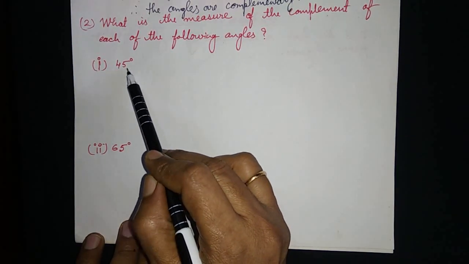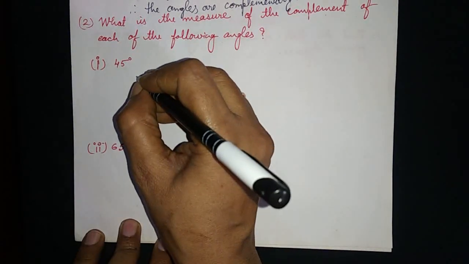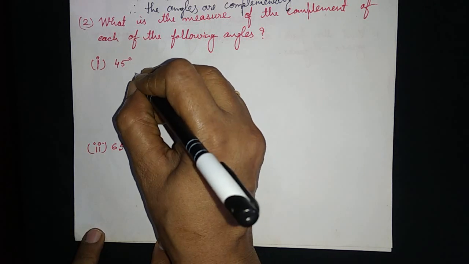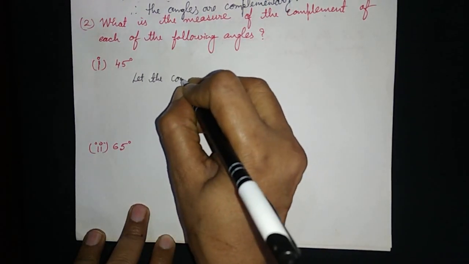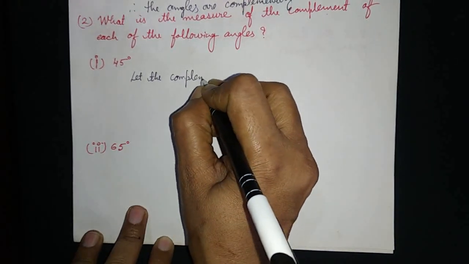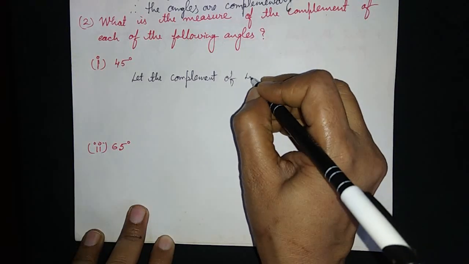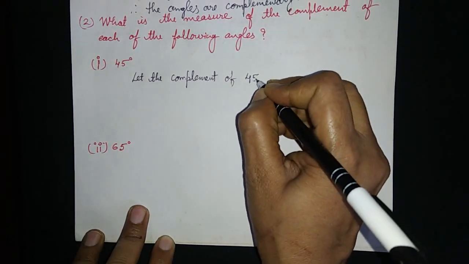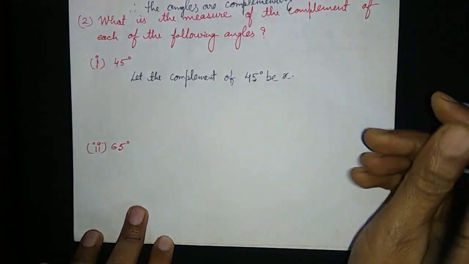We will assume the complement: let the complement of 45 degree be x.